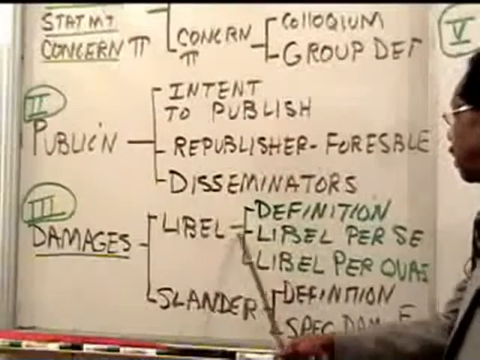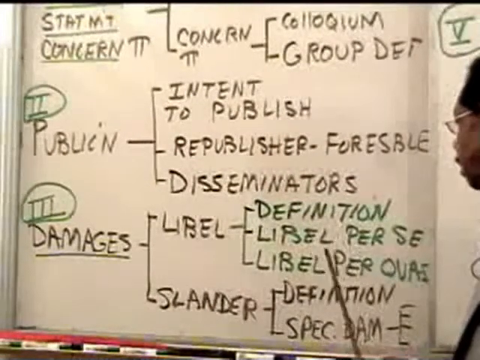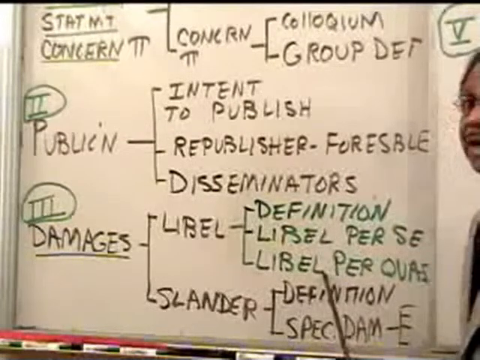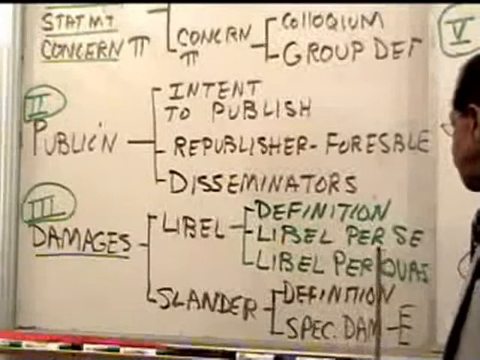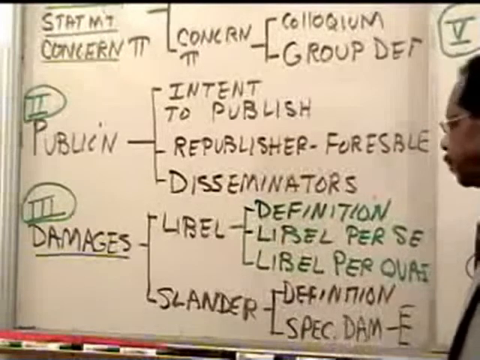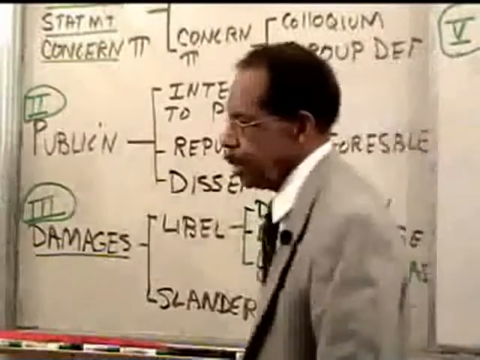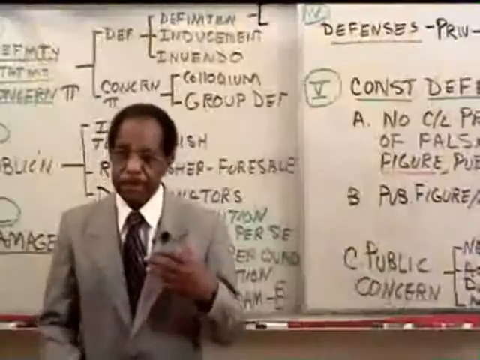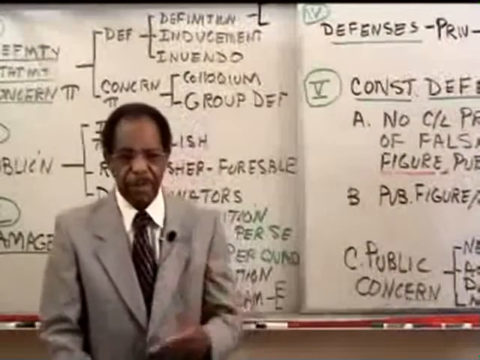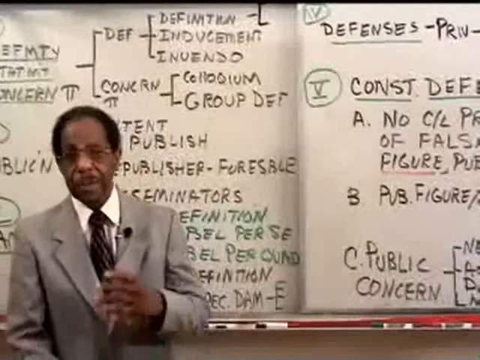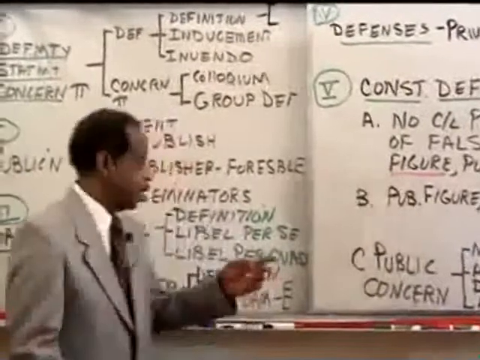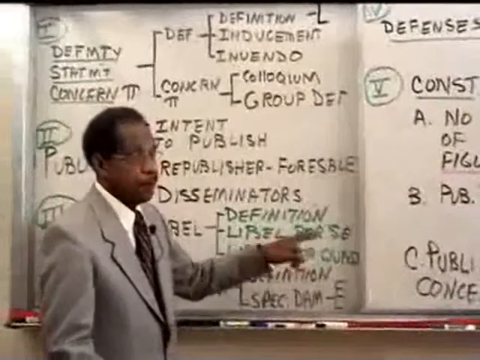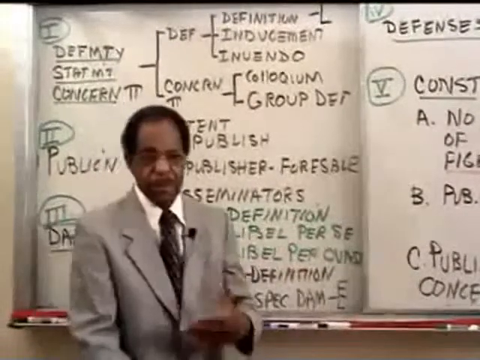If you decide it is libel, then we still have two types of libel that you must distinguish between: libel per se and libel per quod. What is the difference? Libel per se is a libelous statement that is in print, for example, and it does not require any of those helpers that we talked about.